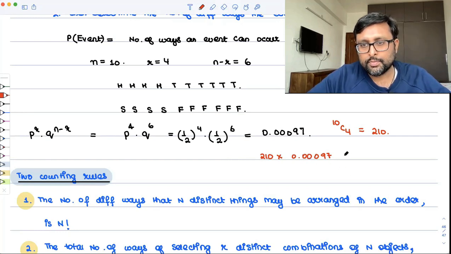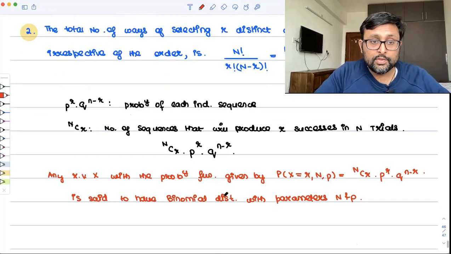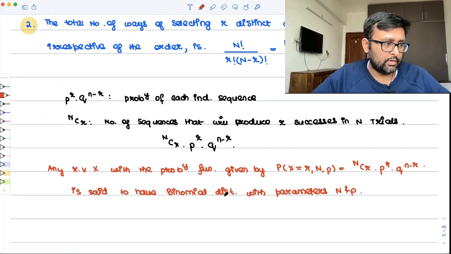So this is approximately 0.205, something like that. So this is what the binomial distribution is.